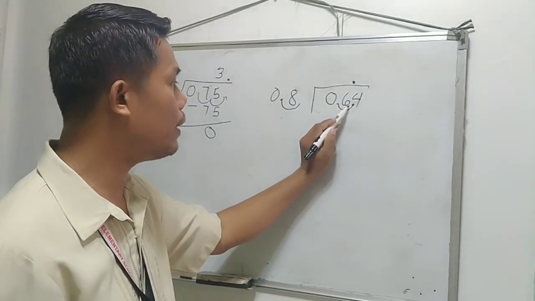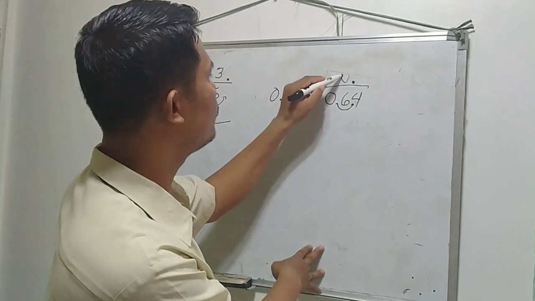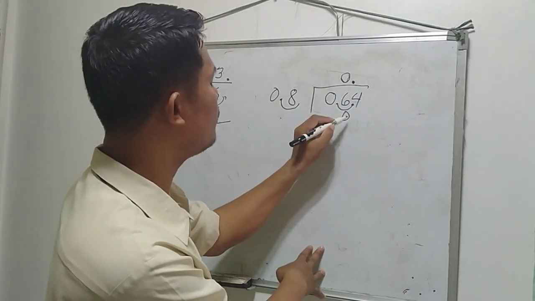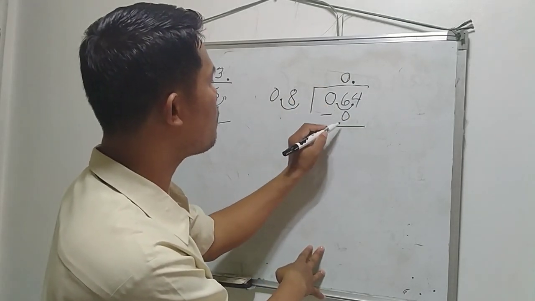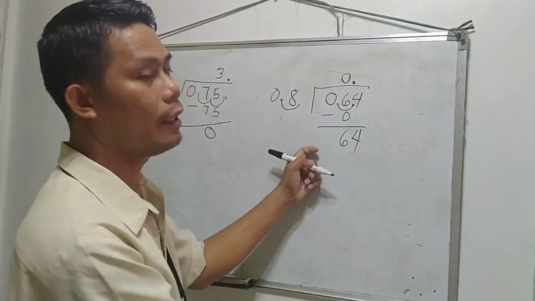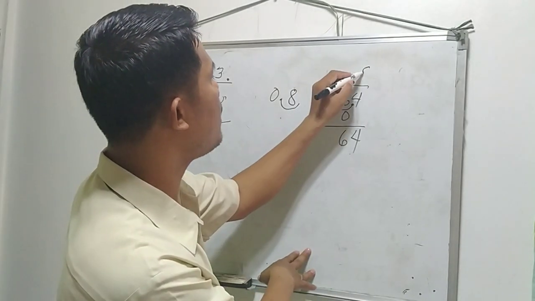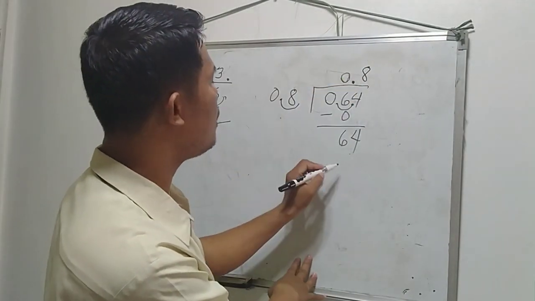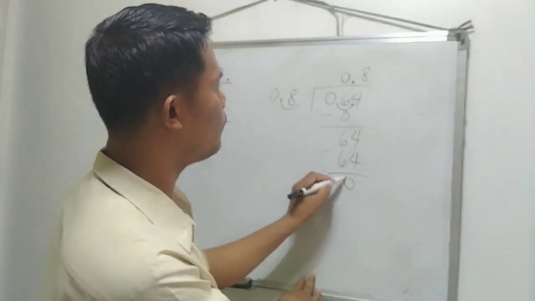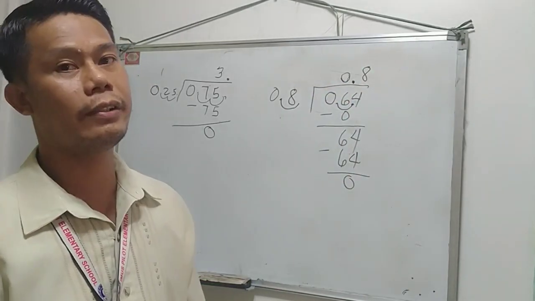So, we have 6 first. 6 divided by 8 equals 0. And then, 0 times 8 equals 0. Then 6 minus 0 equals 6. Bring down 4. Then 64 divided by 8 equals 8. Then 8 times 8 equals 64. So 64 minus 64 equals 0.